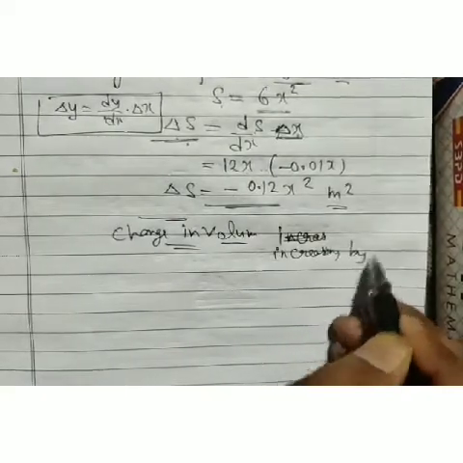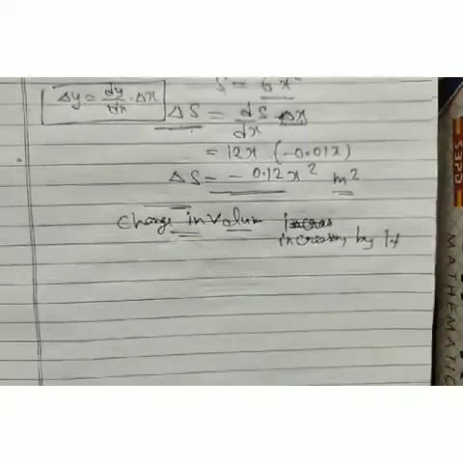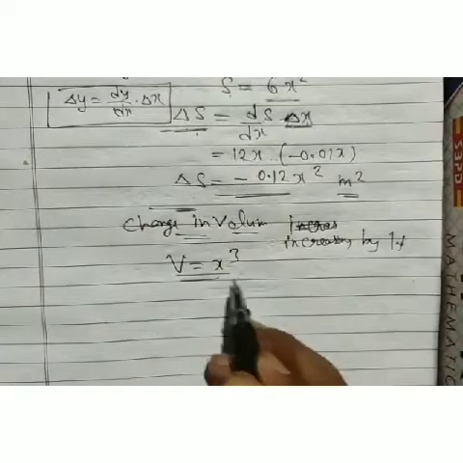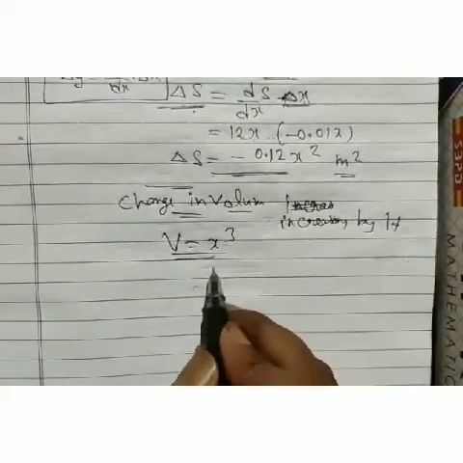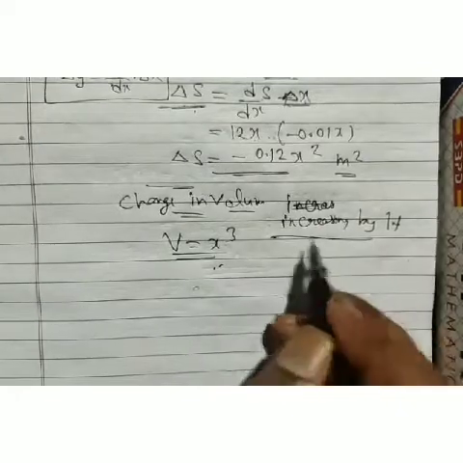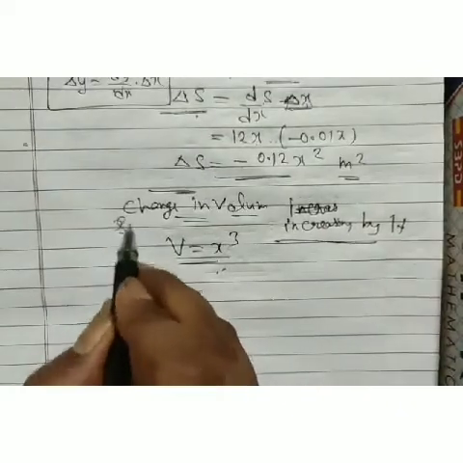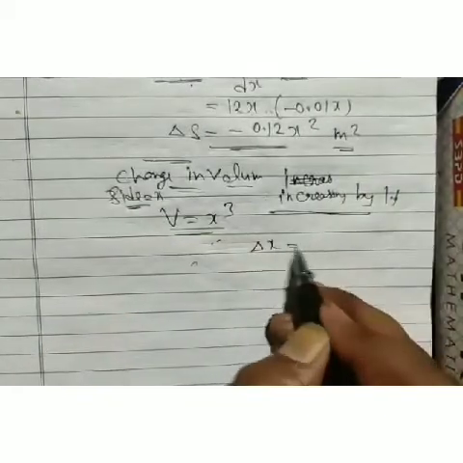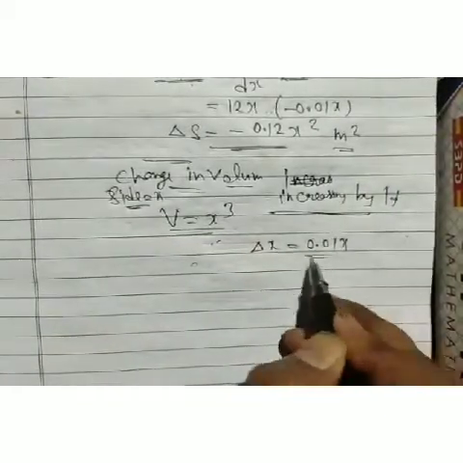Then in a similar manner, we start with our volume. We take v equal to x cube. We are taking our side as x. Then our del x is 1%, which means 0.01 of x.